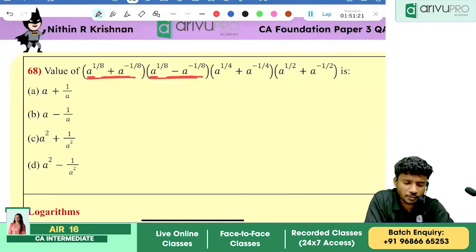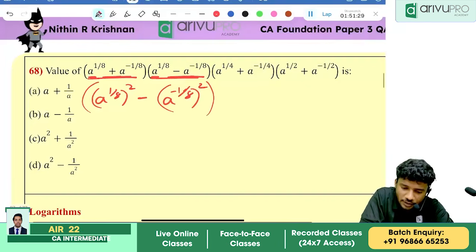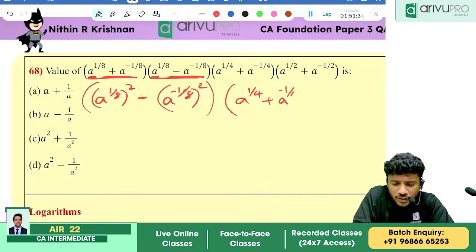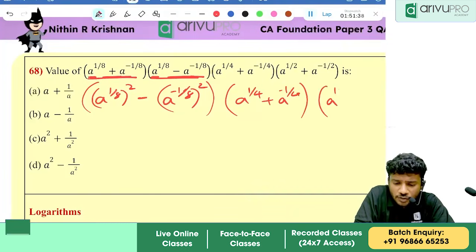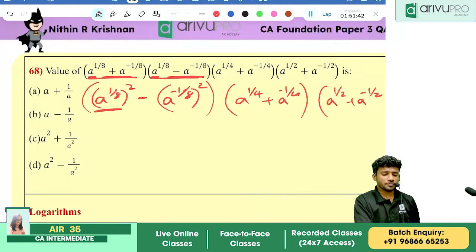So that is nothing but A raised to 1 by 8 the whole square minus A raised to minus 1 by 8 the whole square, into, people, here that thing is the same, 1 by 4 plus A raised to minus 1 by 4. Then what is remaining? A raised to 1 by 2 plus A raised to minus 1 by 2. This becomes what?